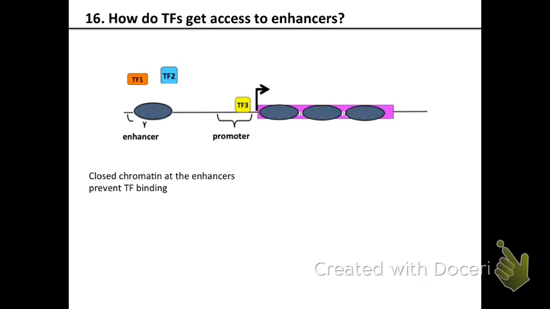And this is a very important mechanism that allows for activation of certain enhancers in certain cells and not others, okay? So, for example, if this gene is regulated by this enhancer, in most tissues, this enhancer is going to have closed chromatin. What I mean by that is that the nucleosomal DNA is not going to be accessible to transcription factors.